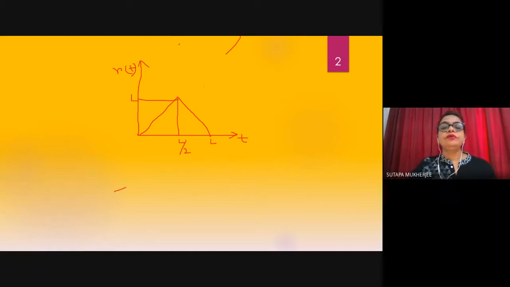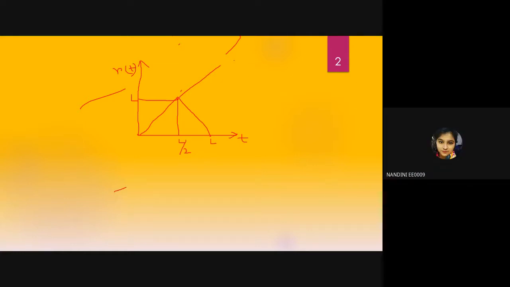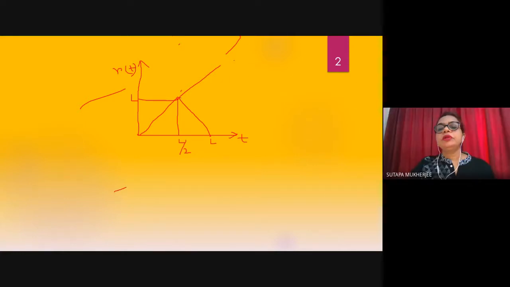So if you focus on this line, this will go up right now. So already we have determined the representation of this ramp function. Am I audible? Yes, ma'am. Okay. So like this. This is another one, and this is again another one.